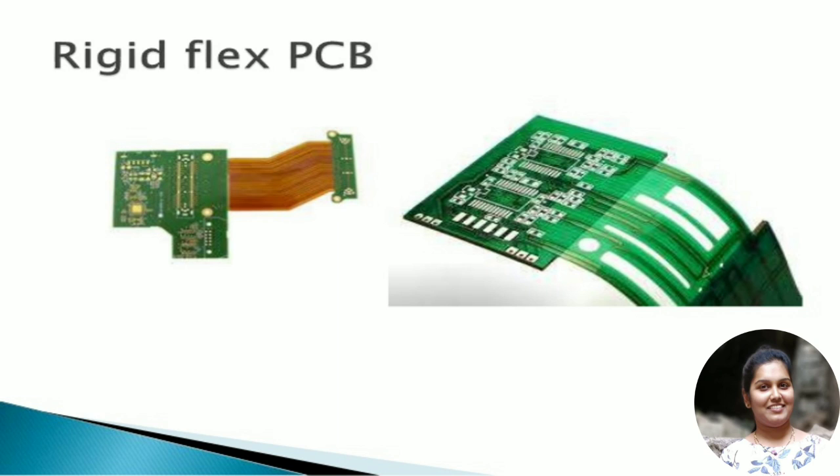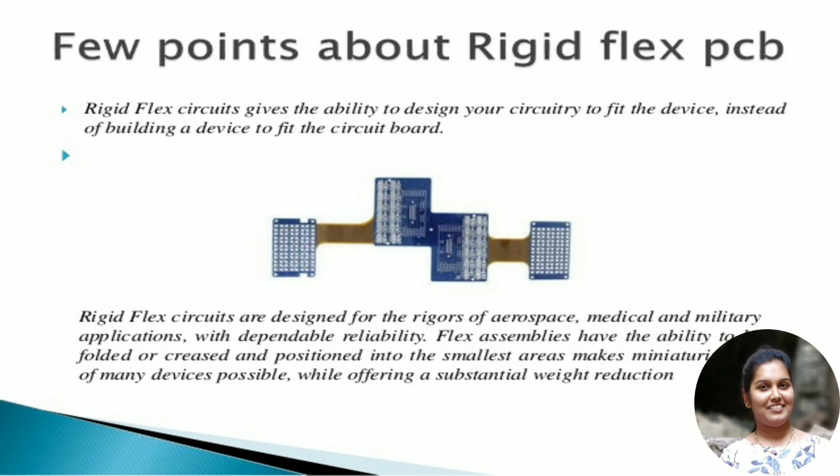As you can see in this diagram, these are foldable kinds of PCBs. That is, the PCBs can be adjusted according to the size of the device. So rigid flex circuits give the ability to design your circuitry to fit the device instead of building a device to fit the circuit board.